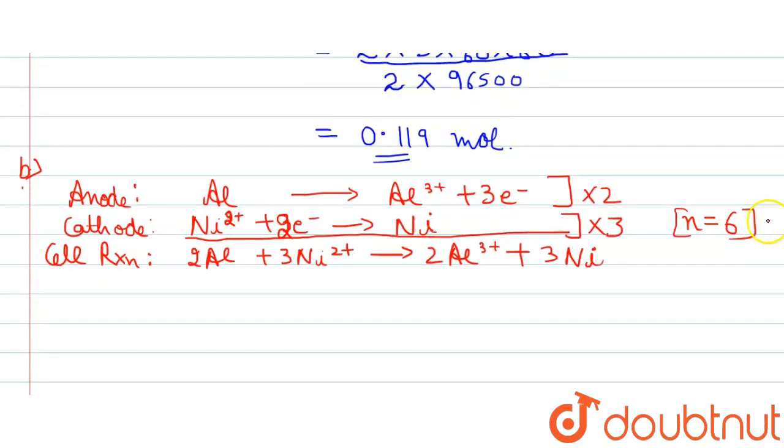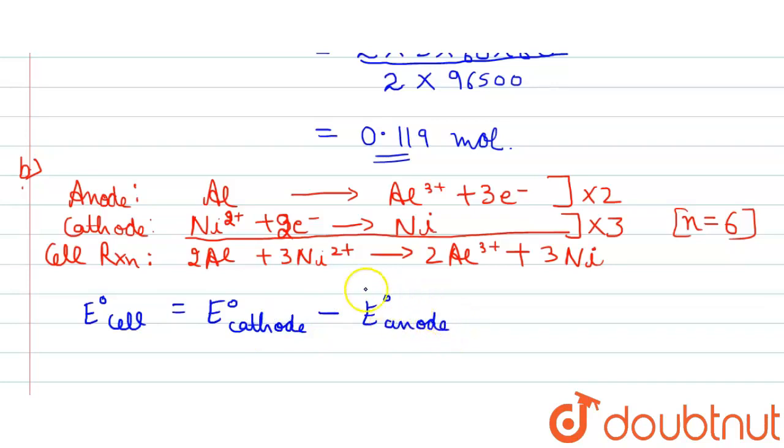As we know, E0 cell is equal to E0 of cathode minus E0 of anode.